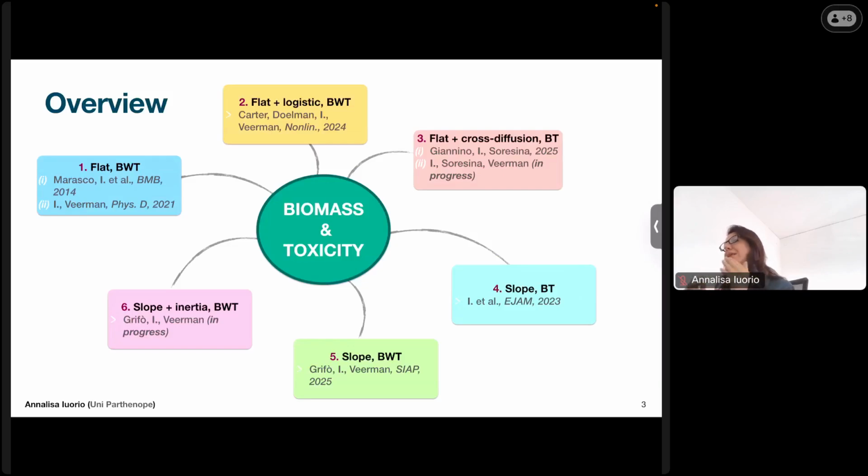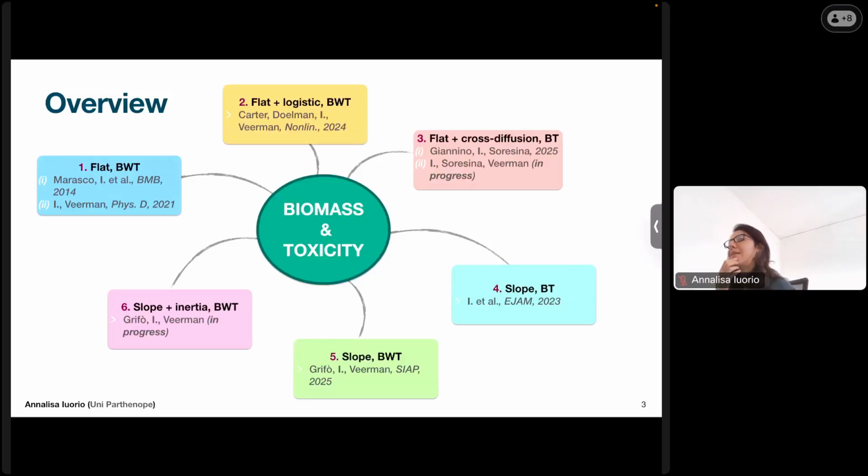I divided this into two classes. One is the class of models on flat grounds. These are models 1 to 3 that you see in the upper part of the screen, and below you see all the papers that refer to the specific work. I will put the references at the end of the talk as well.